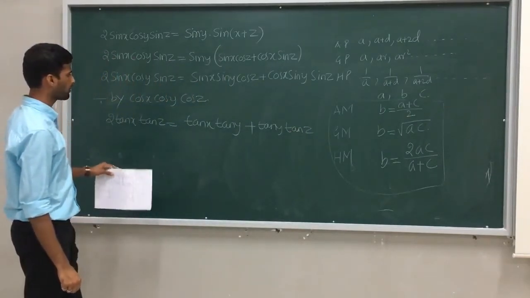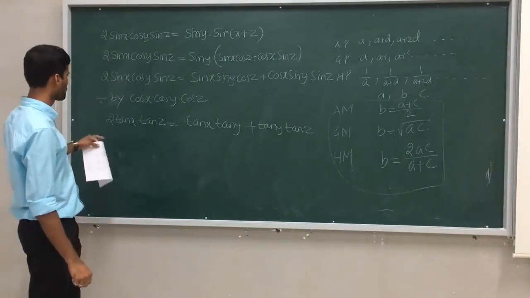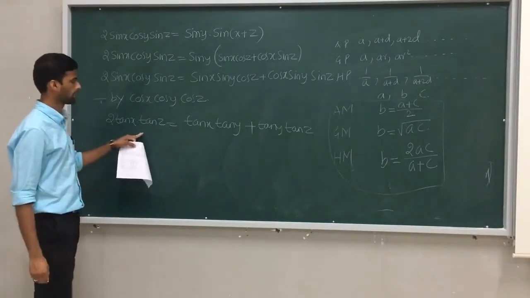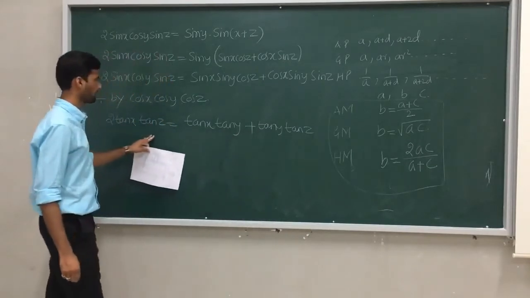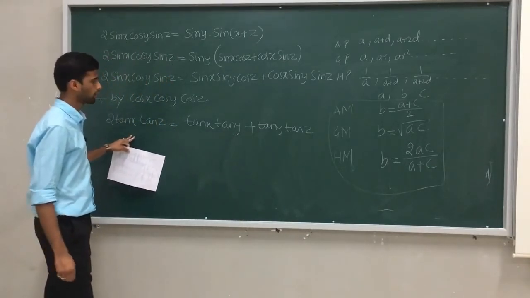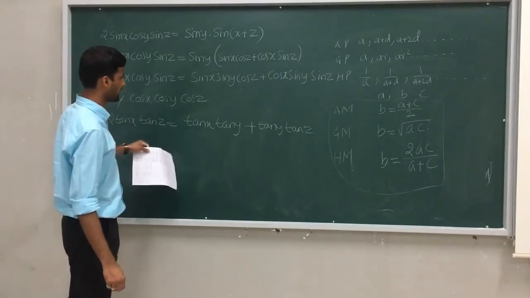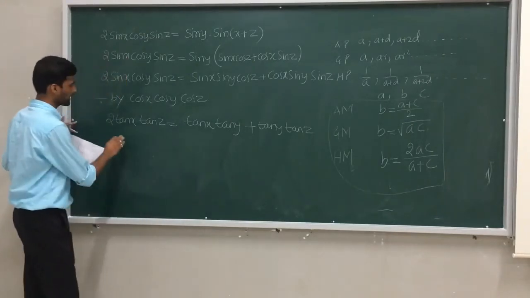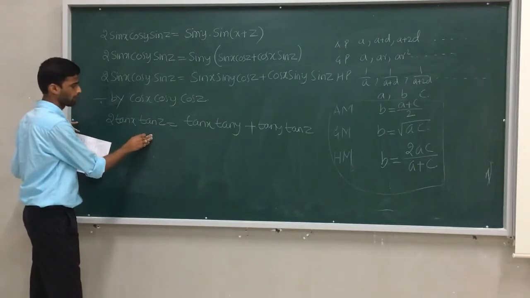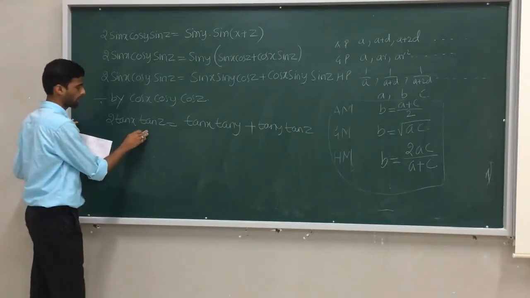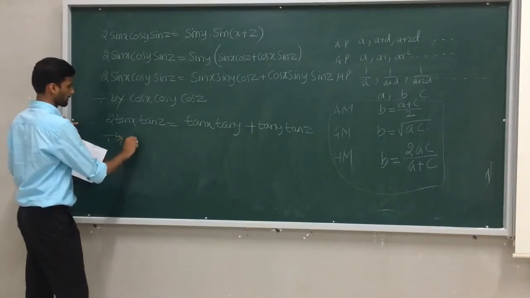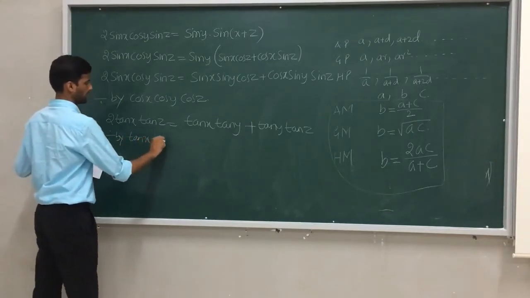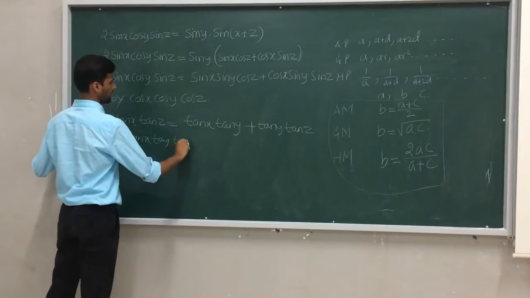Now if you observe here, we have to do something. That is 2 tan x tan z, tan x tan y, tan y tan z. No term is similar here. So if you observe this pattern, divide by tan x tan y tan z.